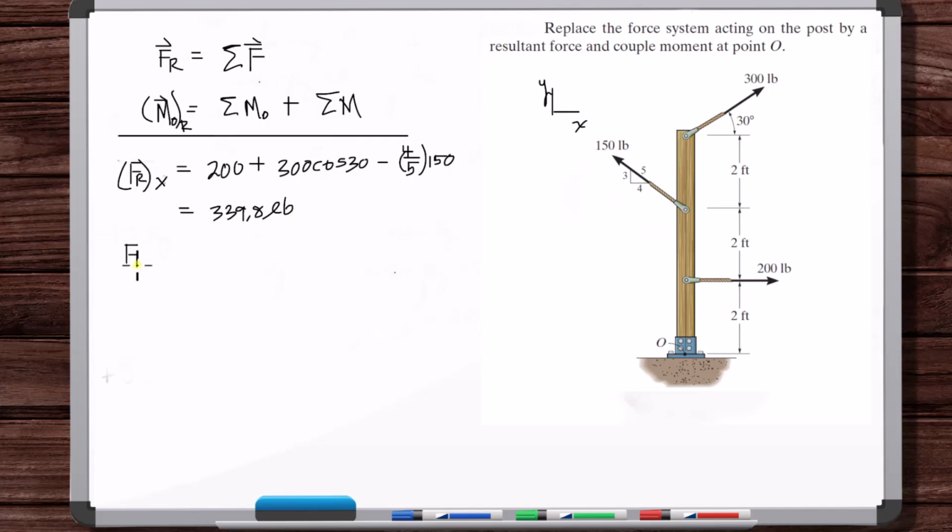Okay, now the Y component of the resultant force, we're just going to sum up the Y components here.